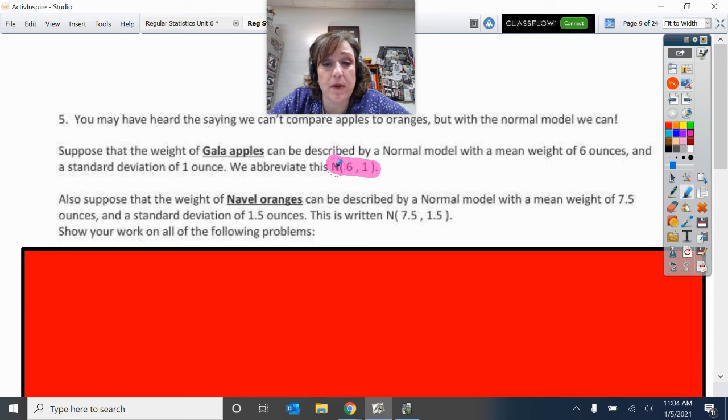So they follow the normal model and they are centered at 6 ounces and they have a standard deviation of 1. And then likewise for the oranges, they're normally distributed with a mean of 7.5 and a standard deviation of 1.5.